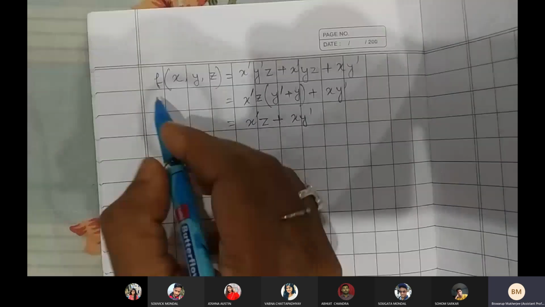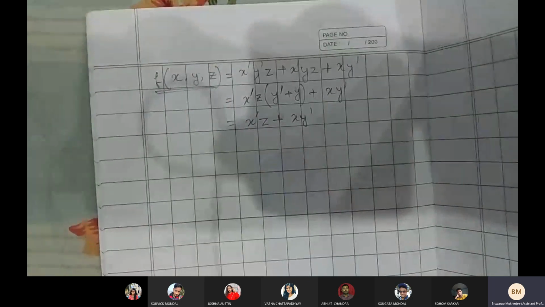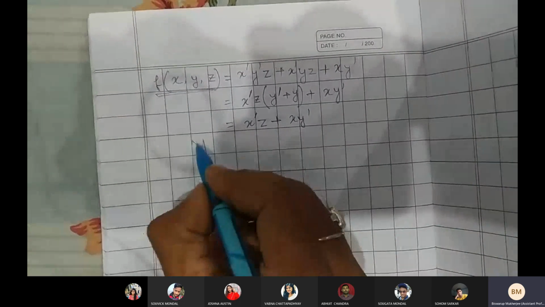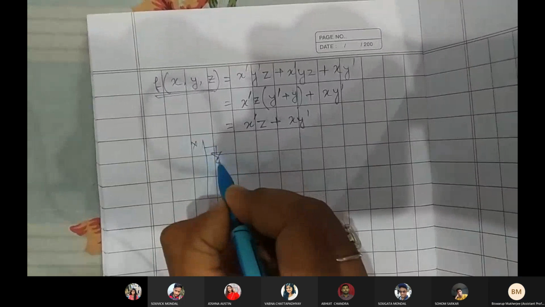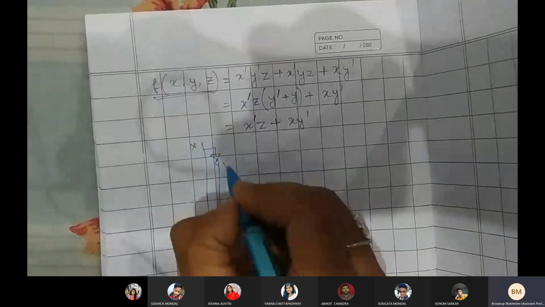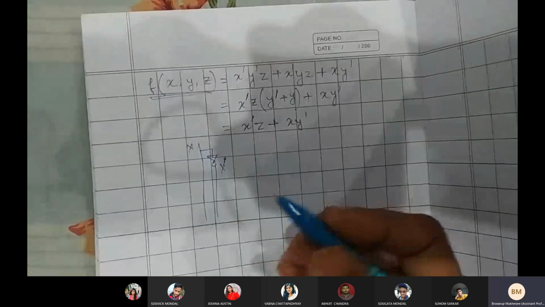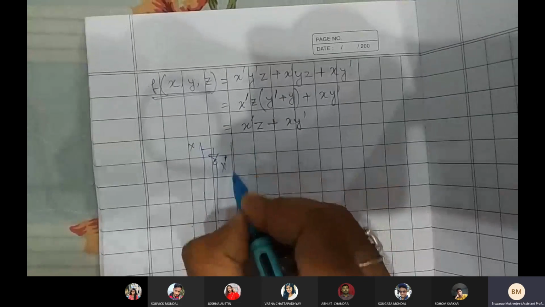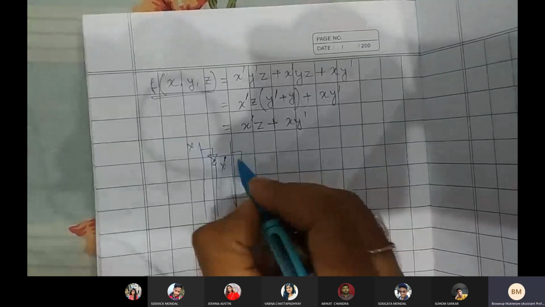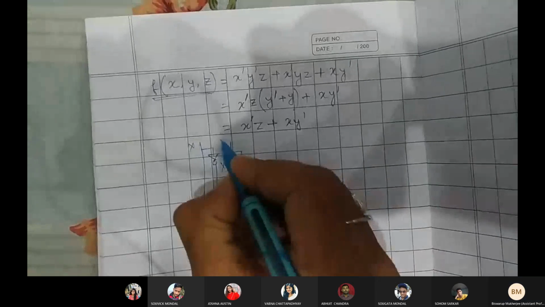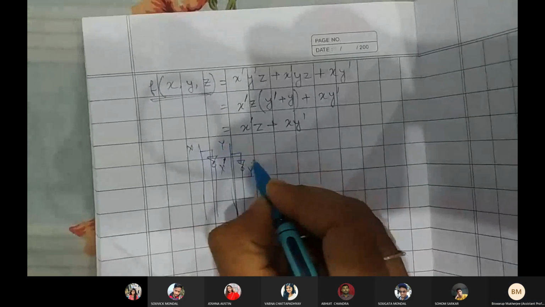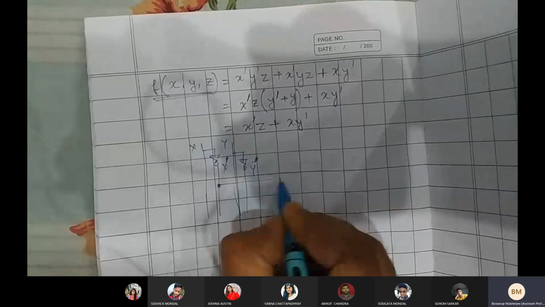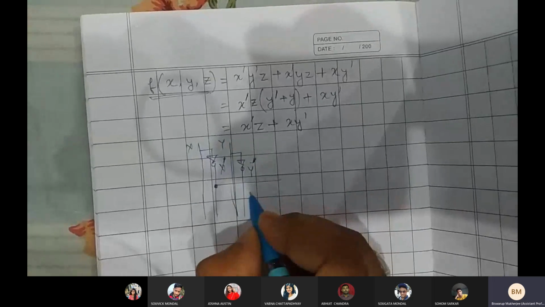So if we need to make this particular circuit function, what will we be drawing? We will be drawing x bar. So here the x bar is coming, and then x y bar, so y is also required. So y bar. Next, we will be taking the x bar and the z.